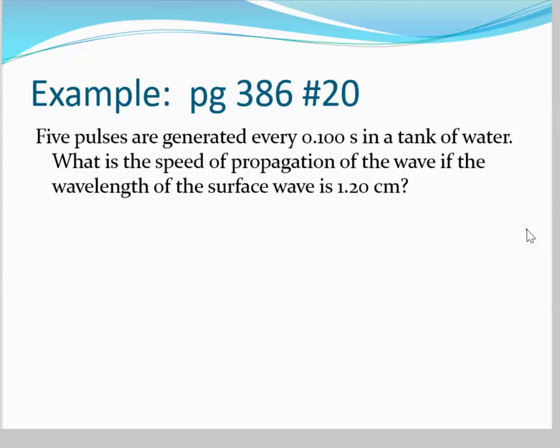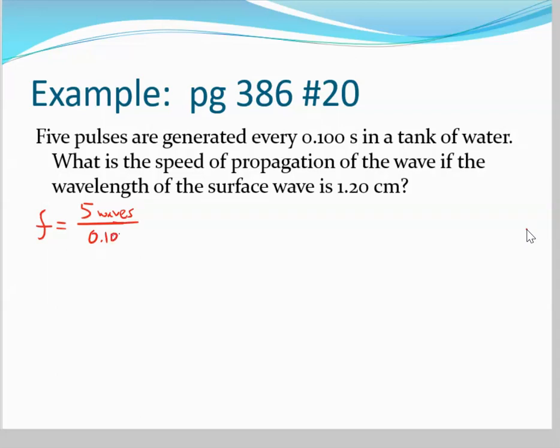So let's do that. Or the frequency, since we have frequency in our formula, maybe let's write it like that. So frequency is always given as waves per second, right? And they're actually giving us 5 waves or 5 pulses. So let's write that 5 waves every 0.1 seconds.